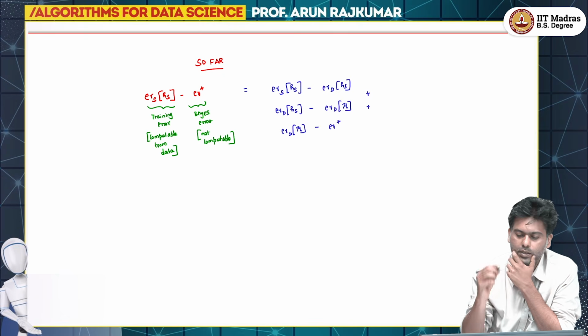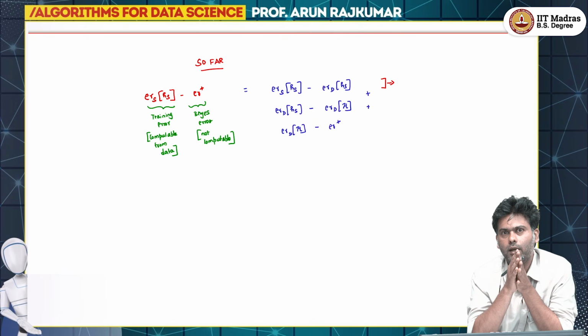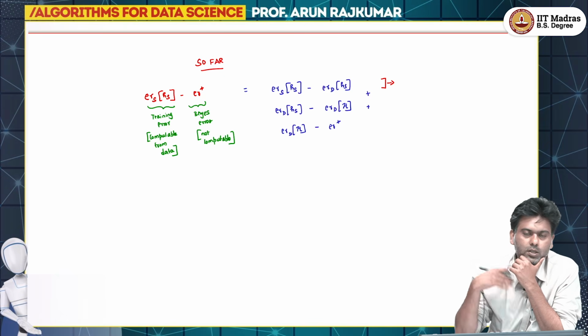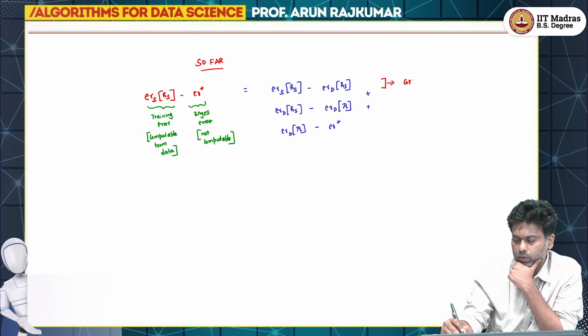So, basically I am adding and subtracting terms, so it is exactly equal to whatever I had earlier. This is the difference between the train error of the classifier learned and the test error of the classifier learned. When there is a D here, it means the error with respect to the underlying distribution. This is what we were calling the generalization error.